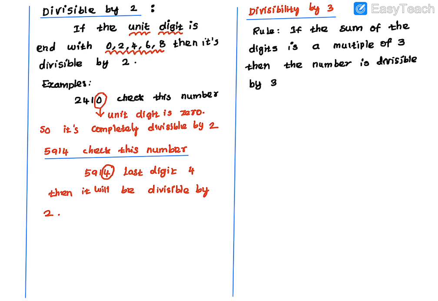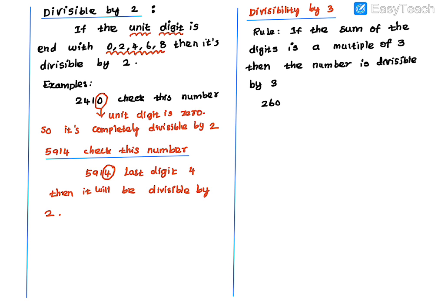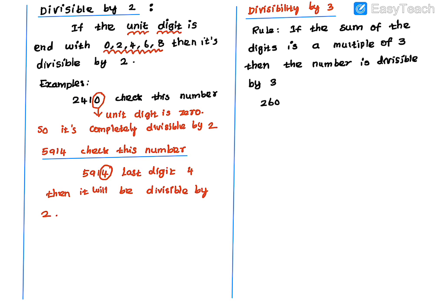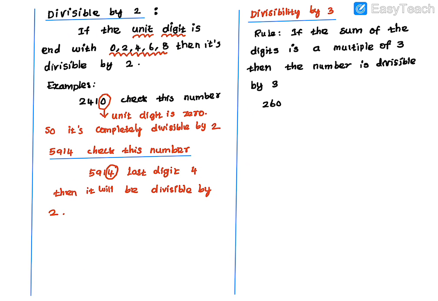I'm going to write some numbers, you check them and then we can move to the next one. First, I'll write one number, 260. We have to check whether 260 is divisible by 3 or not.